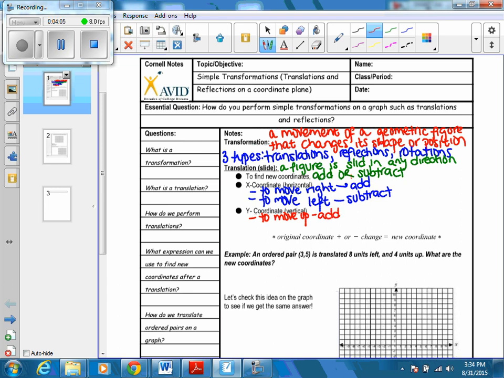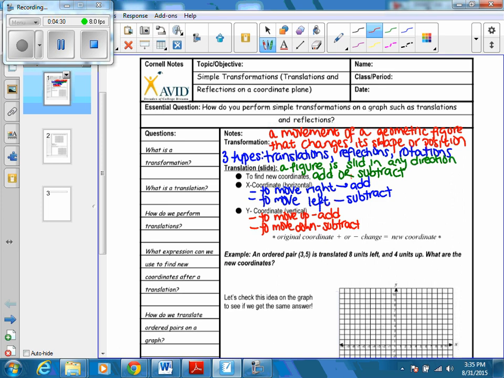And in order to move down when we're performing translations, we have to subtract. So our formula that we can follow is we take the original coordinate, we add or subtract the change, and then we get the new coordinate.